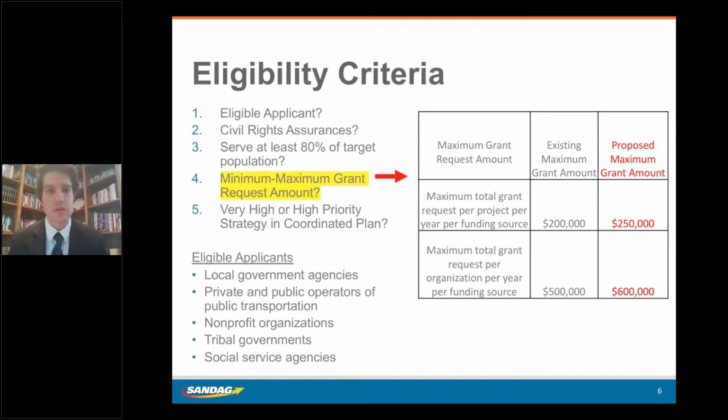Staff also proposes increasing the maximum grant request per applying agency from $500,000 to $600,000 per year per funding source. These changes seek to both encourage, quote, bigger bang for the buck and reduce duplicative services. And as this was discussed in item 4, no other changes to the eligibility criteria are proposed. We can go to the next slide.